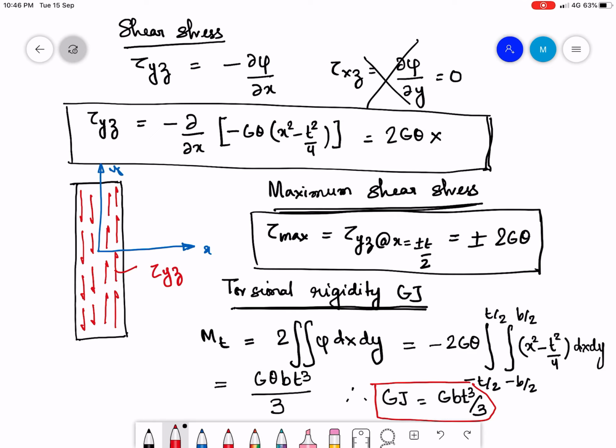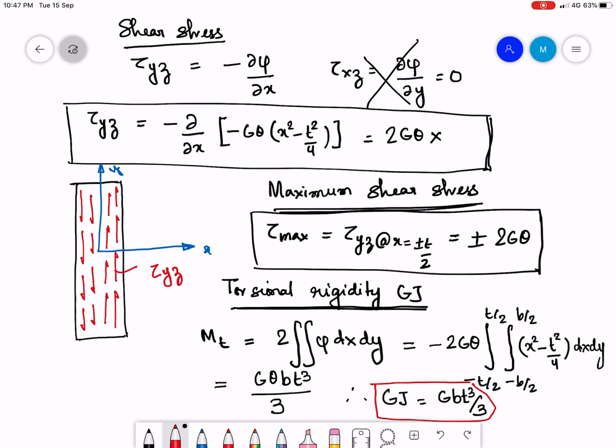So, often the question arises, when are we going to say that a structure is a thin structure? So, the answer is that the structure is called a thin structure when the ratio of the dimension to the thickness is at least greater than 10. Only then do we call the structure a thin wall structure.